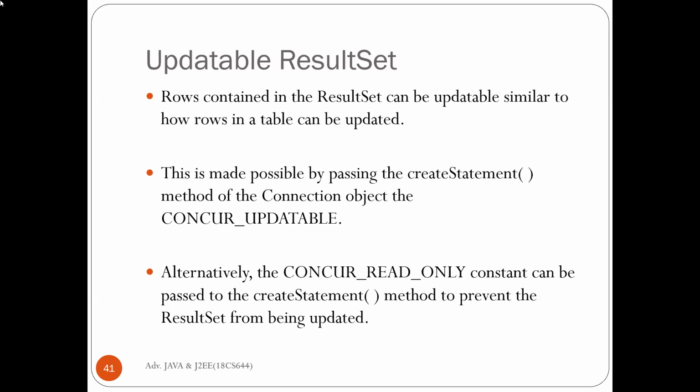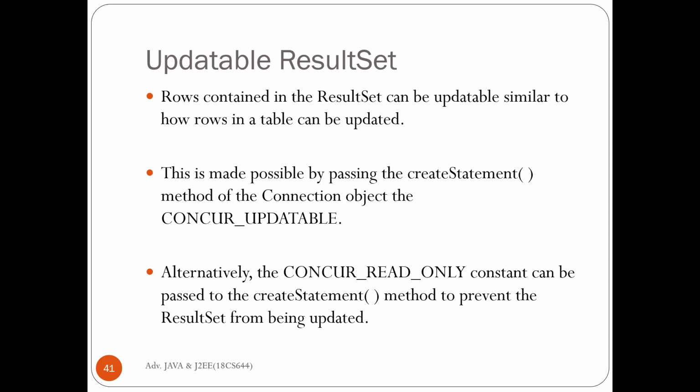In our last class, we discussed the concepts of result set: how to read from a result set, then how to make a result set scrollable with three constants, that is, type forward only, type scroll insensitive, type scroll sensitive.